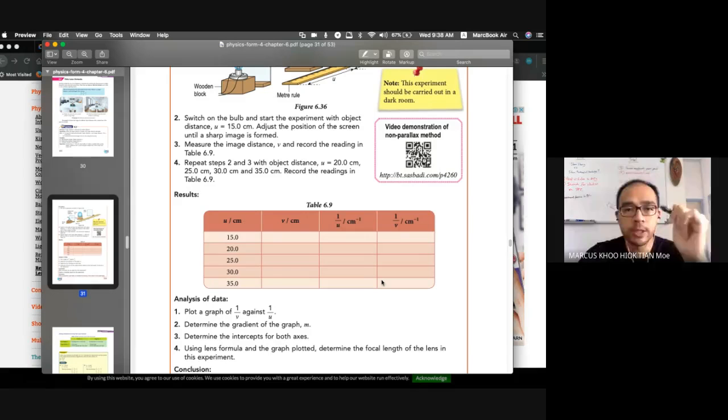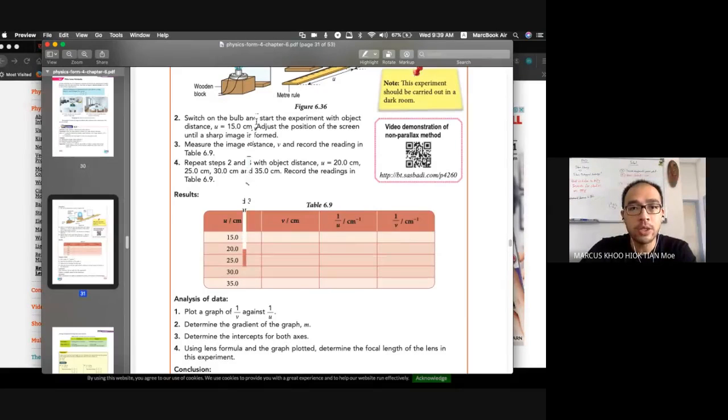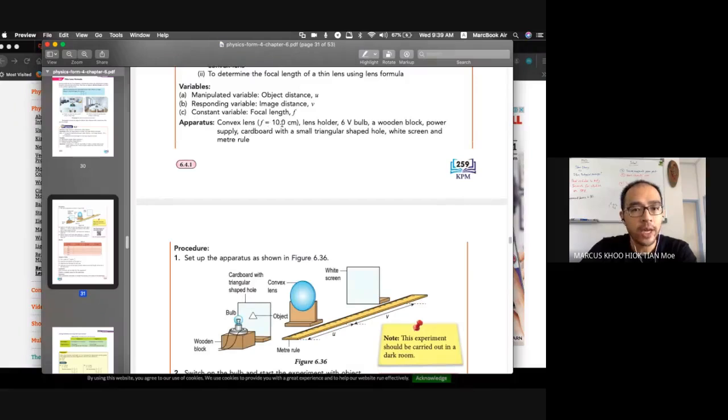Okay, so once you have done the 5 values of u, what I said, you don't need to follow this. So remember the focal length you can change. If you change your focal length, don't copy this 10. Use the focal length in the virtual experiment.